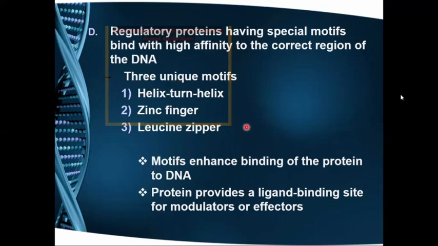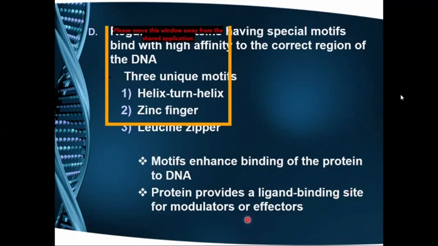So what do these motifs do when present in the regulatory protein? Well, they enhance the binding of the protein to the DNA. Okay? So it provides a ligand binding site for modulators or effectors, because the modulators do not bind directly to the regulatory elements in the promoter site of the gene.